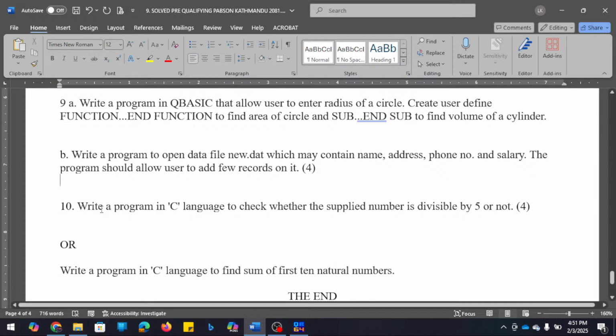Number 10 says to write a C program to check whether the supplied number is divisible by 5 or not. It is also carrying 4 marks there. Let's go for it.